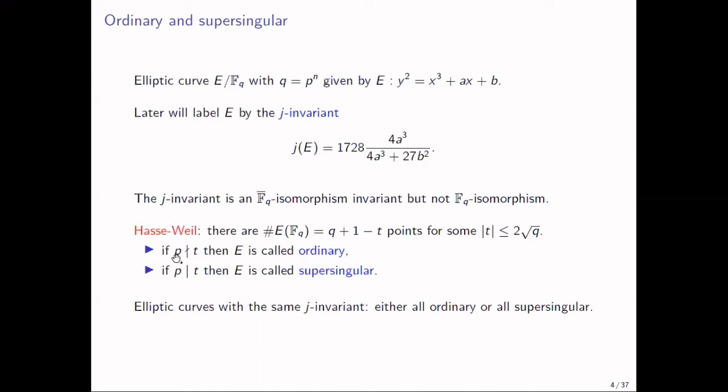Ordinary elliptic curves are the ones where p, the characteristic of the finite field, does not divide the error term t, and supersingular elliptic curves are those where p does divide t. So I will sometimes use these terms, ordinary and supersingular. What is useful about the j-invariant is that curves with the same j-invariant are either all ordinary or all supersingular. So I will also sometimes say supersingular j-invariant or ordinary j-invariant.